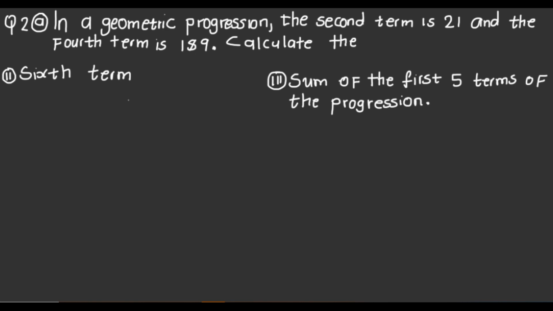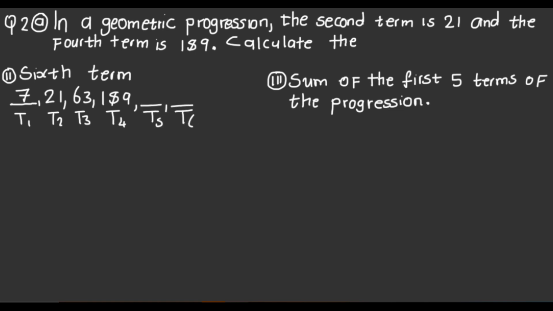Okay, so we move on to Roman number 2, where we want to find the 6th term. First term is 7, second term 21, third term 63, fourth term 189. So the pattern is we are multiplying by 3. First term, second term, third term, fourth term, fifth, sixth.